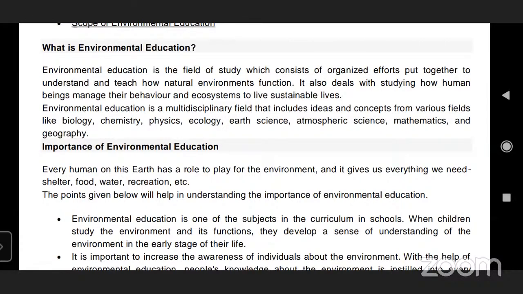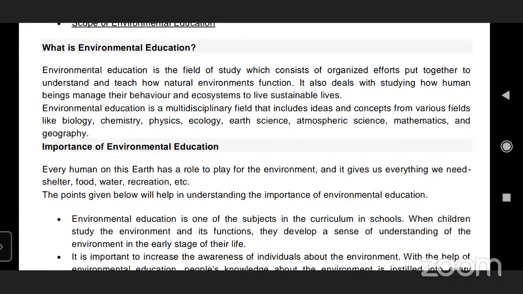So environmental education is a multidisciplinary field, as I already told, a multidisciplinary branch that includes ideas and concepts from various fields like biology, chemistry, physics, ecology, earth science, atmospheric sciences, mathematics, and geography.